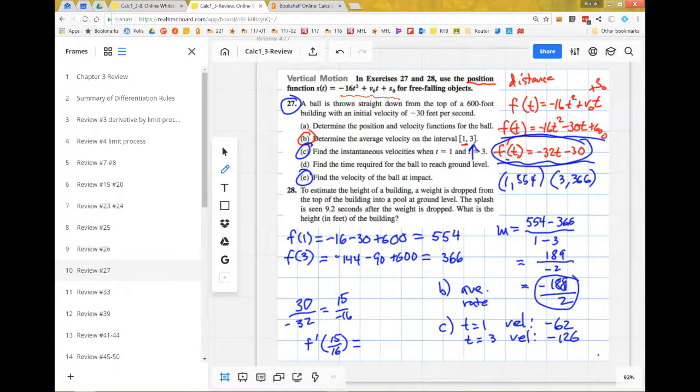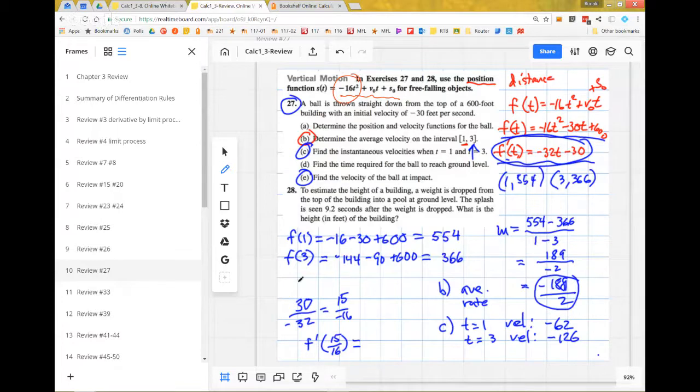If it was shot from the top of a building, then s0 would be the height of the building, etc. Why is this negative? Because it's gravity and it's always pulling downward. Whenever you're dealing with the physics of a falling object, it's always going to have that negative something t squared. If it's in feet per second, it's -16. If it's in meters per second, it's a little different value, but it's the same problem every time.